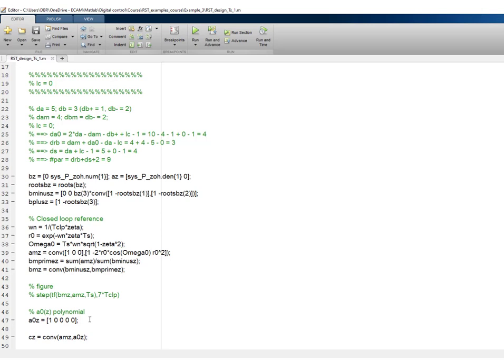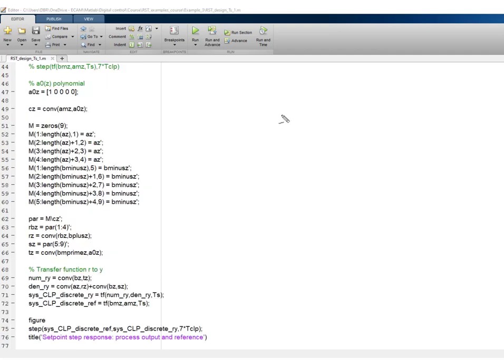Investigate, for instance, in your laboratory assignment what happens if this is not the case. Clearly it will not have an influence on the closed loop set point response, but it will influence the load disturbance, right? And then we can obtain the degree of the polynomial R bar and the degree of S. So we'll have 3 plus 4 plus 2, 9 parameters.